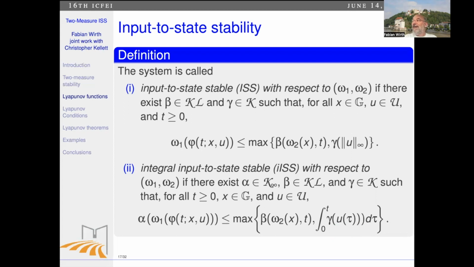And I will also tell you that this is the case in the two-measure case. And then you can say, oh, we already know that, because last week's talk is covered in the two-measure case, and so the example was already shown there. Yes, true.